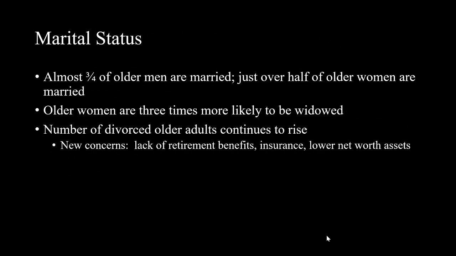Older women are 3 times more likely to be widowed compared to older men. And if you recall from last week or the week before, we talked about life expectancy for adults. And if you recall, the life expectancy for women is generally longer than for men. So as a result, men die earlier, leaving women widowed.